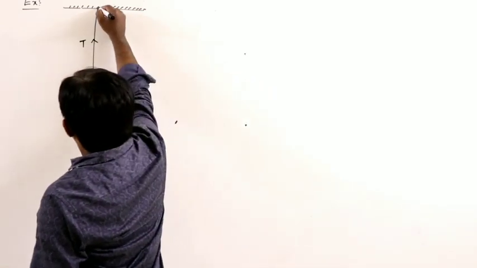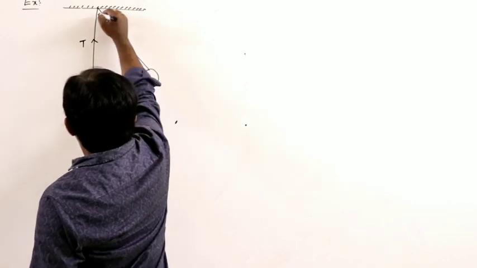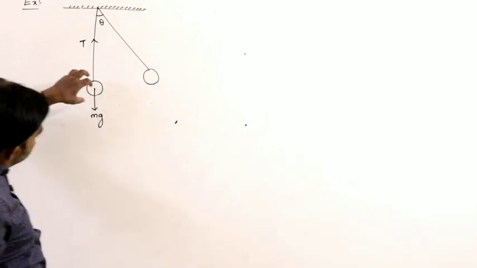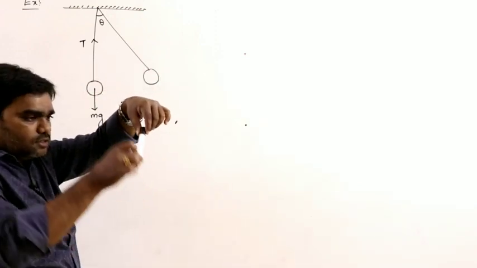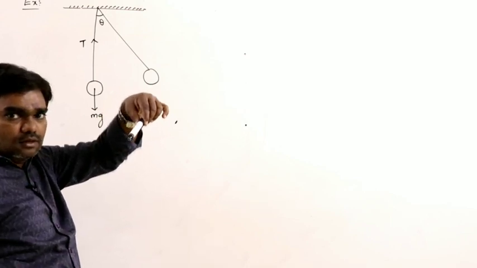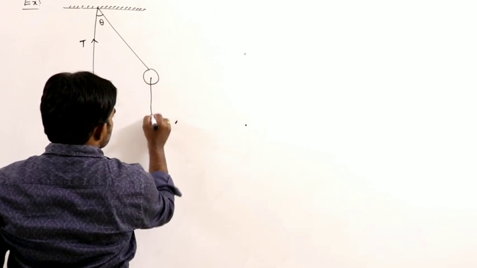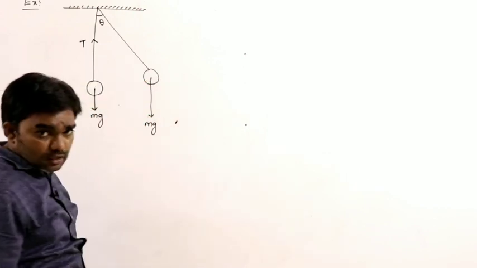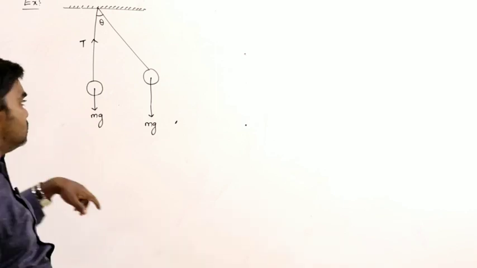Now this ball is displaced through an angle theta like this. This is the string and this is displaced like this. Now what happens? Weight must always act downwards. There is no change in this.